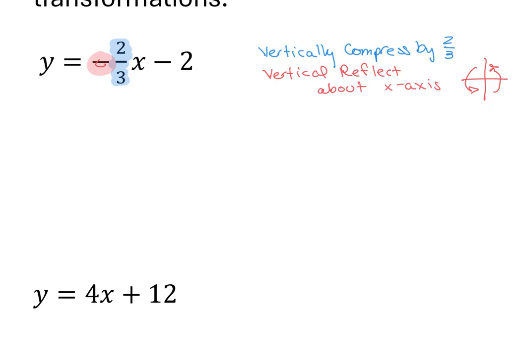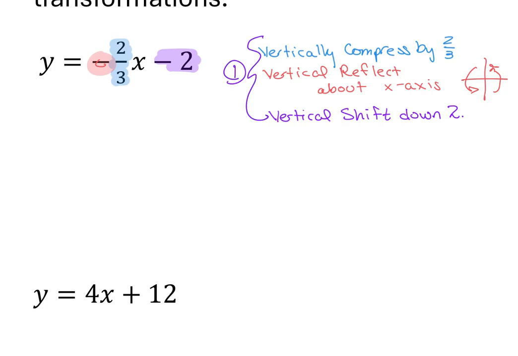And then we also have a vertical shift down 2. Okay, so this is the first one that we can come up with.